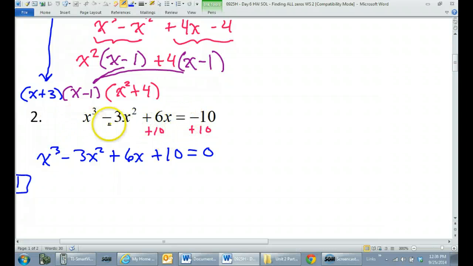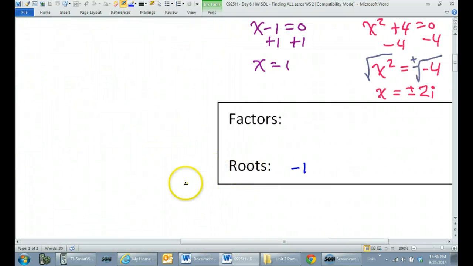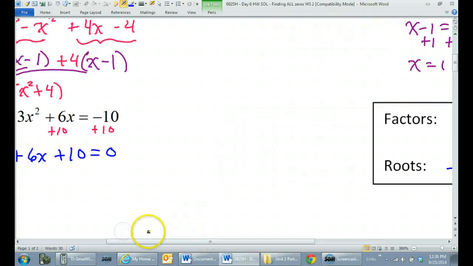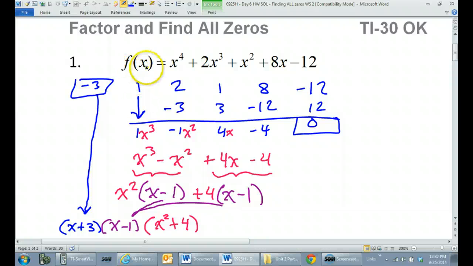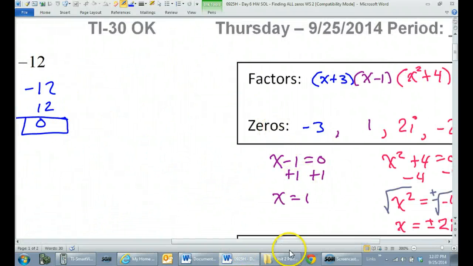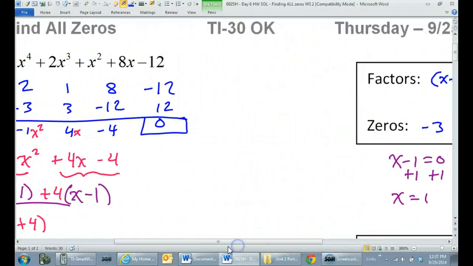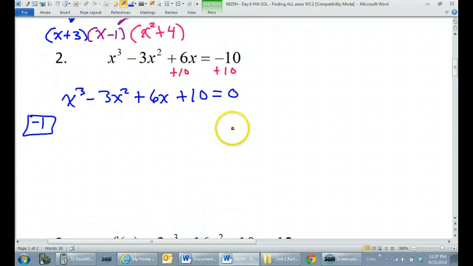So see how there's no f of x? So if you want to be technical, if you have an equation, we're going to call them roots. But if you have a function, with the f of x or even a y equals, then we call them zeros. But it's basically the same thing, but I thought I'd raise your level of education right then.